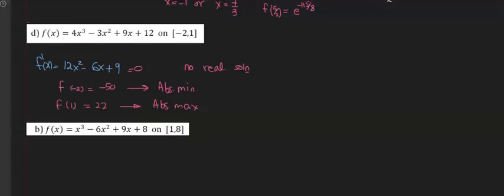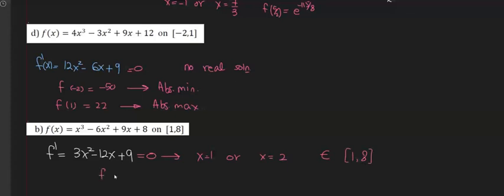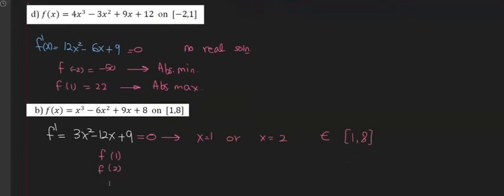What we are going to do here is to find, first of all, f dash, and here we have 3x squared minus 12x plus 9, and then we equate it to 0 in order to get the critical points. We have x equal to 1 or x equal to 2, and both belong to the interval from 1 to 8, which is given. So we will compute the function at 1 and at 2, as well as at the boundaries. One of the boundaries was 1, so we will not compute it again, of course.